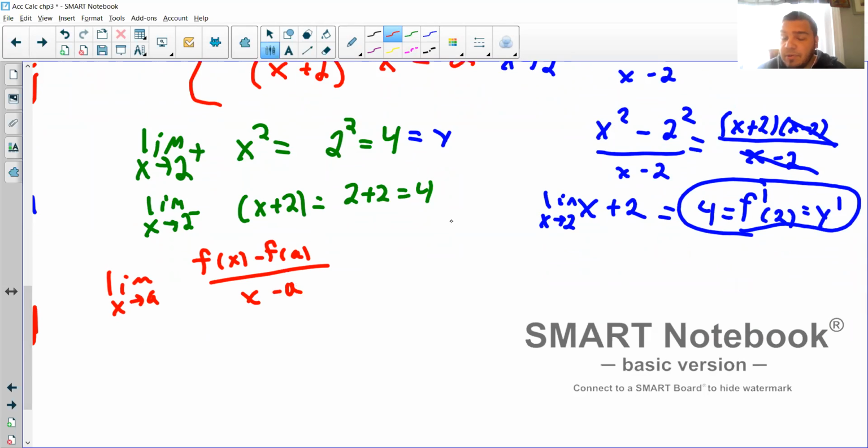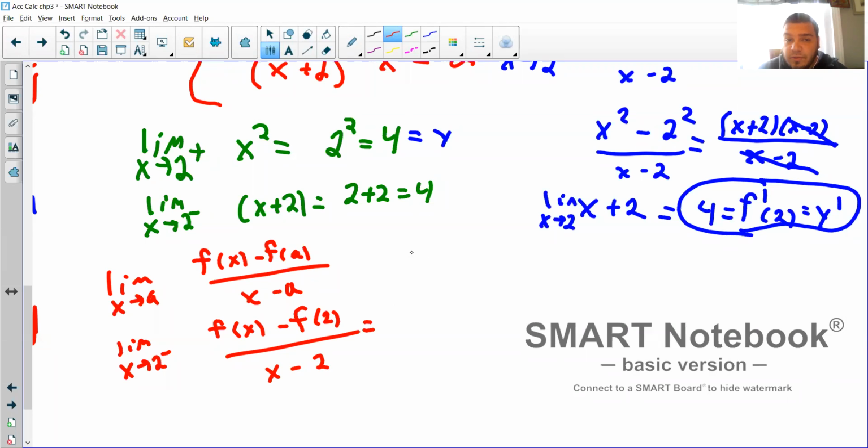Remember, a is for any particular point. The particular point we're using is 2. So the limit as x approaches 2 from the negative side now, of f of x minus f of 2 over x minus 2.